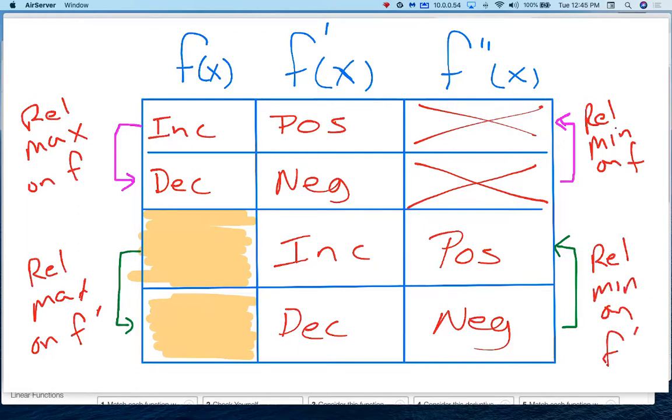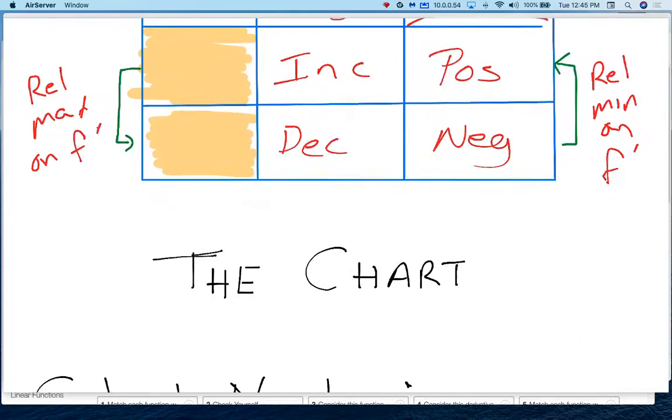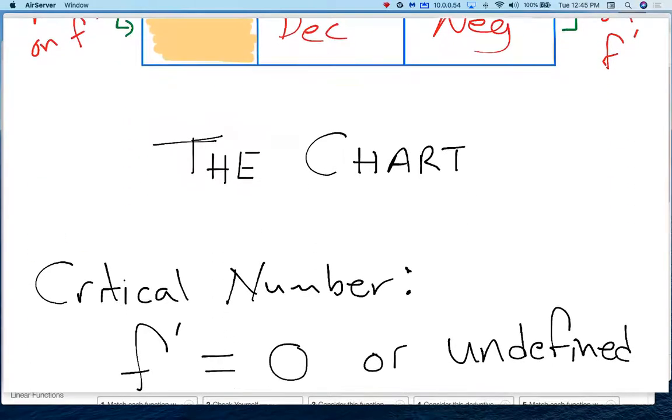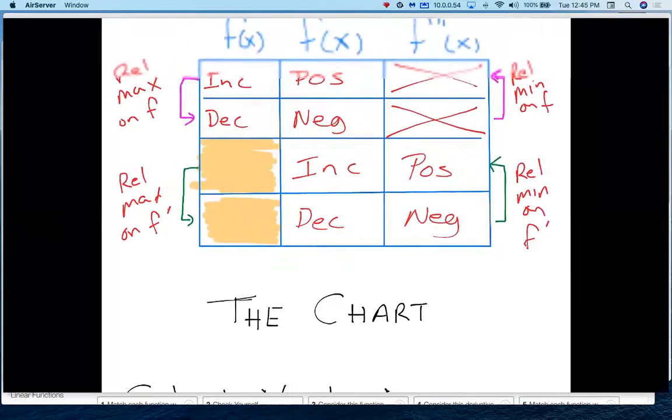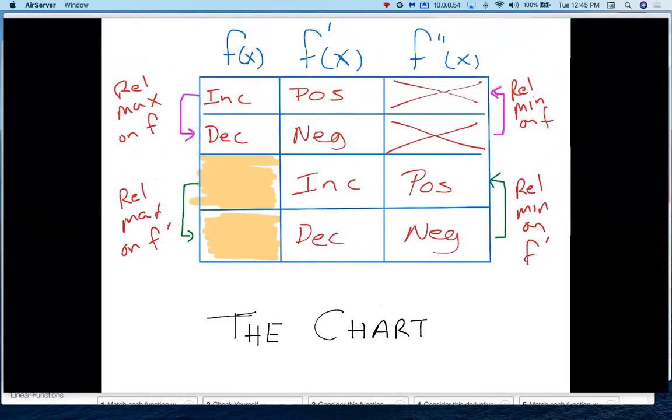Really we're looking at those X values where this transition is occurring. I call it the chart. We'll finish it off and get some new information on it in the next couple of days.